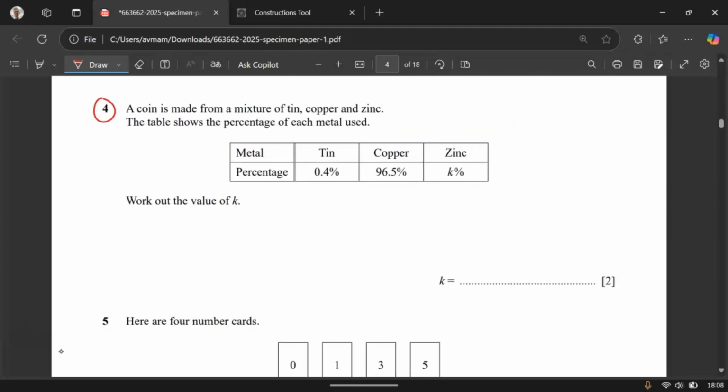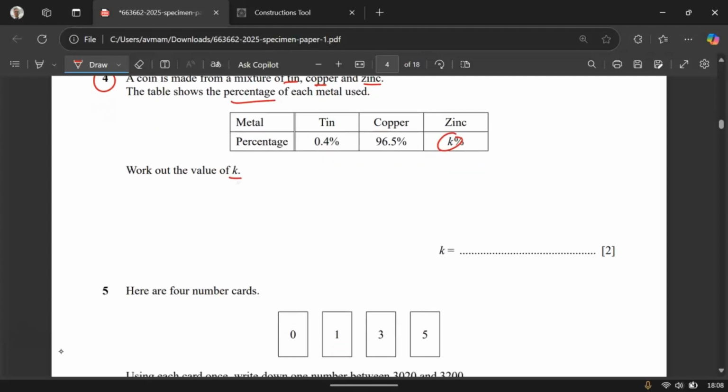Question number 4. A coin is made from a mixture of tin, copper, and zinc. The table shows the percentage of each metal used. Work out the value of K. This is what we need to work out. So percentage is always out of 100. So 100% minus 96.5% plus 0.4%.